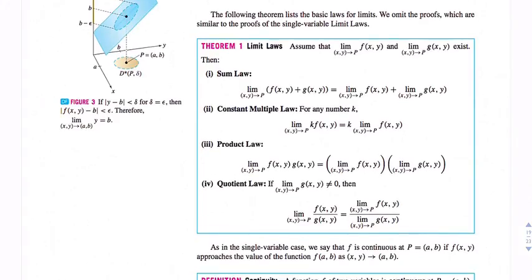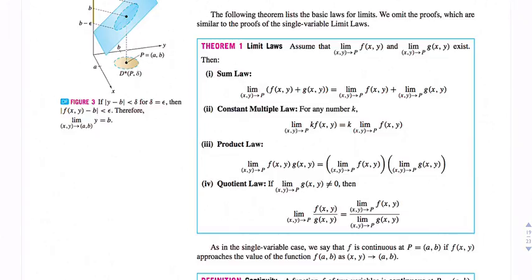So the following theorem lists the basic laws for limits. We omit the proofs, which are similar to the proofs of the single variable limit laws. Theorem 1: assume that the limit as our point approaches the center of a function and the limit as our point approaches the center of another function exist. So we have the limits of two functions of two variables exist. Then the first one is the sum law.